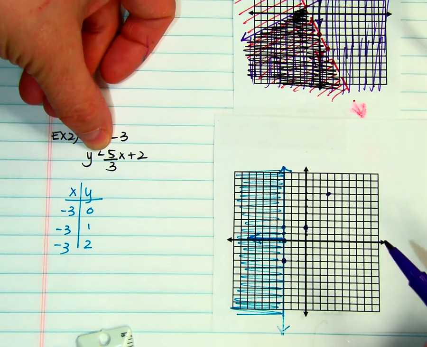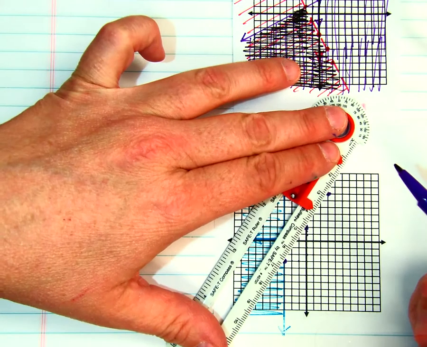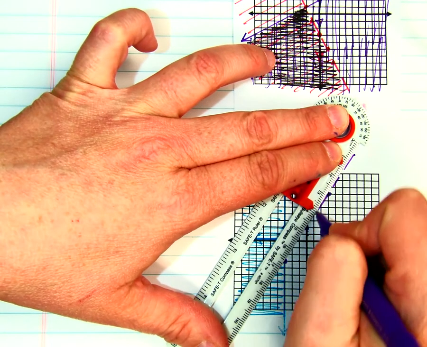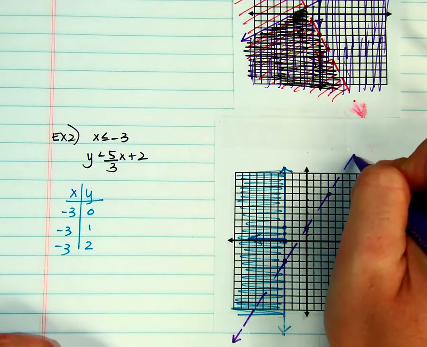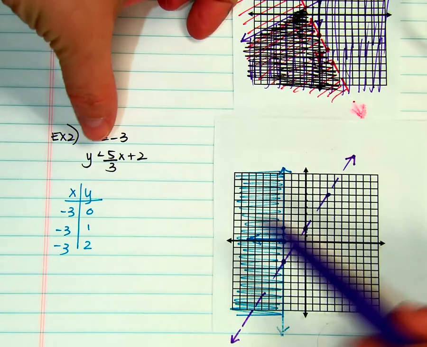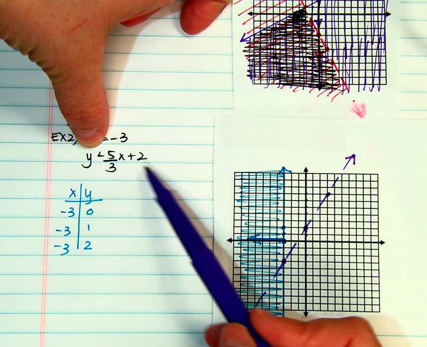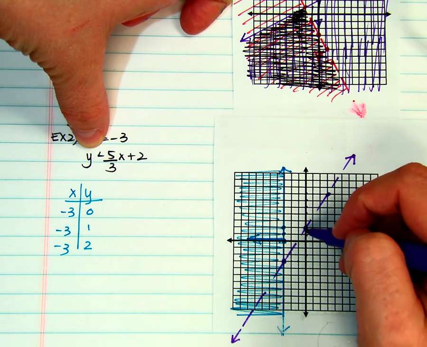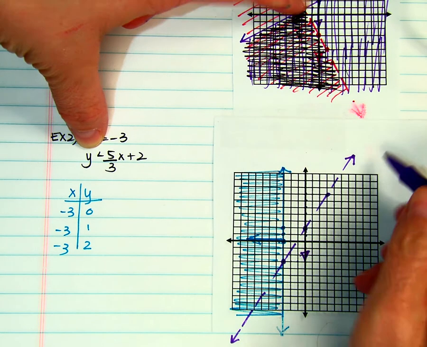This is going to be a dotted line because it does not have the equal to piece. And I want all the y's less than my y-intercept of 2. Here's where I'm at. I want all the y's that are less than my y-intercept.